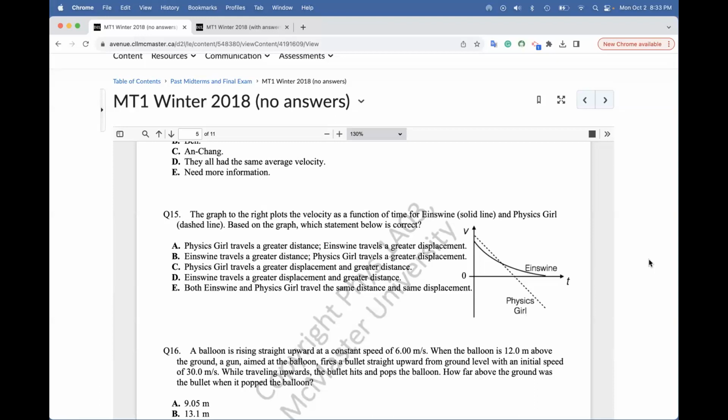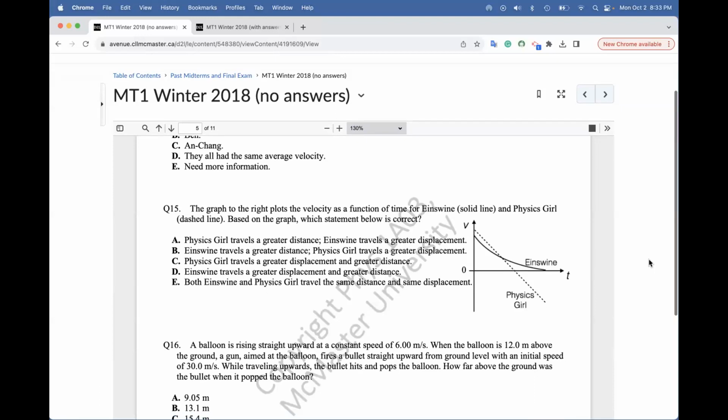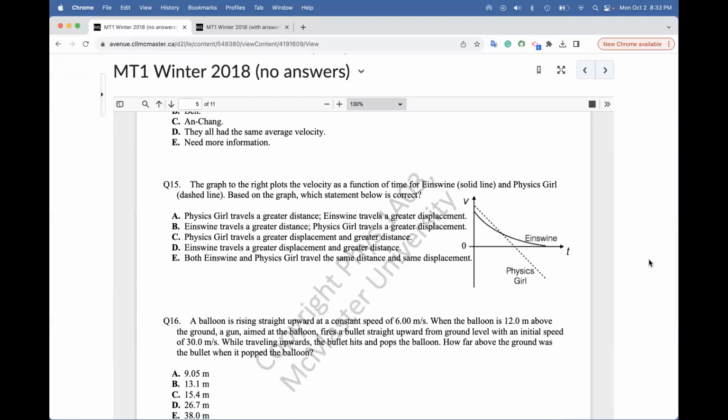And for Einstein, it would have two inflection points. So physics girl, they both have the same time value.